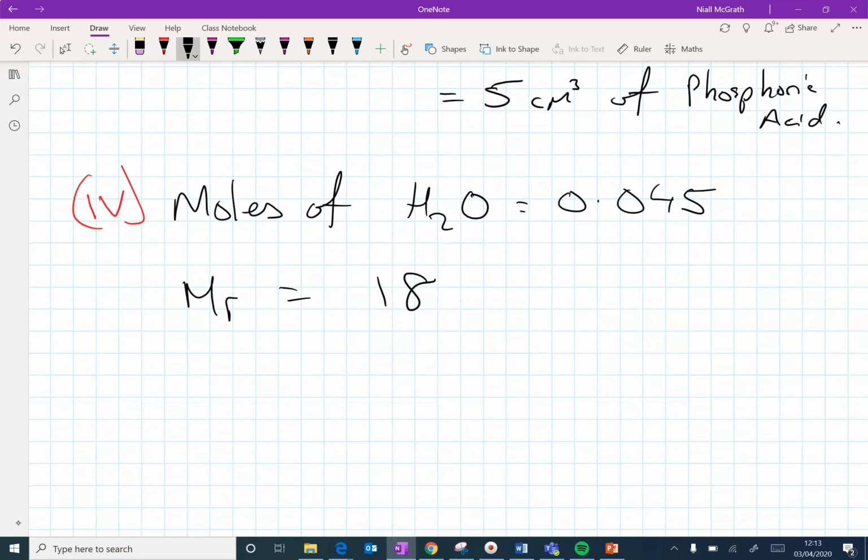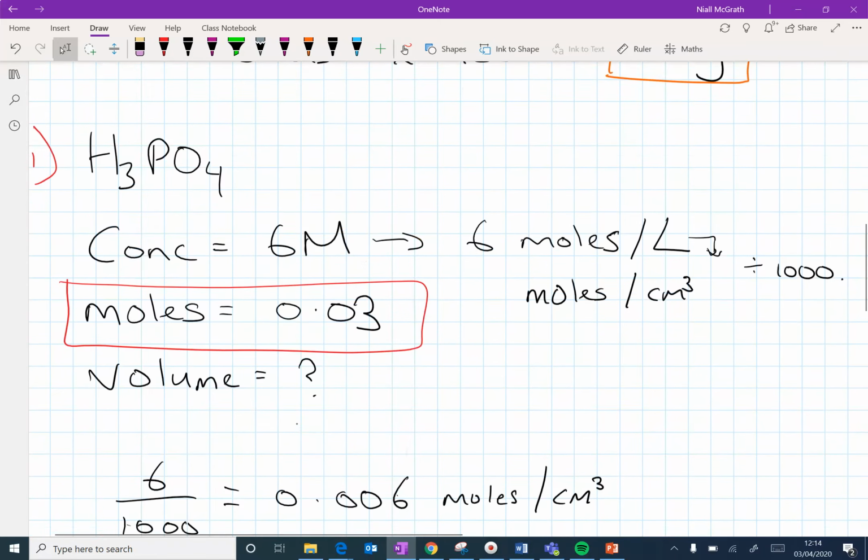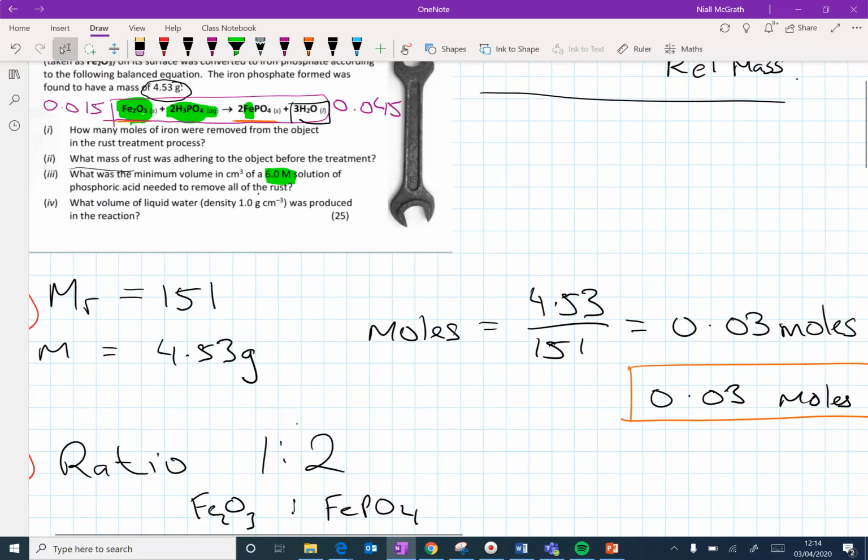So if we have moles multiplied by the relative mass, that gives us mass, which is not what we're being asked for. We're being asked for volume. So we use what they give us in the question: they tell us that the density is 1 gram per centimetre cubed. In this case it doesn't really make a difference, but perhaps in other questions it might.